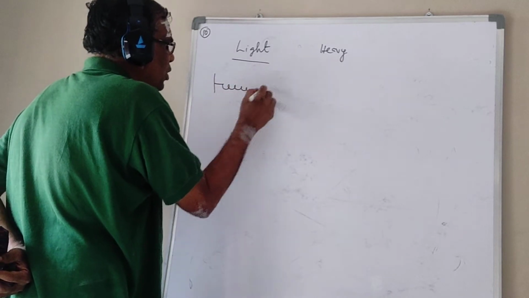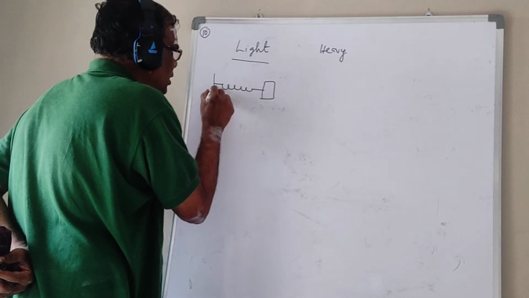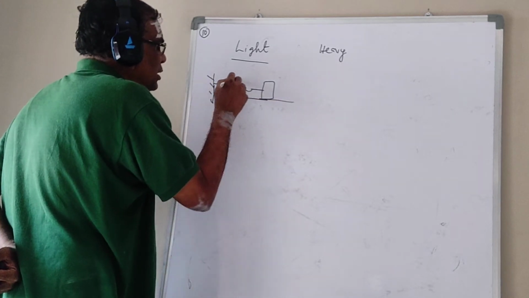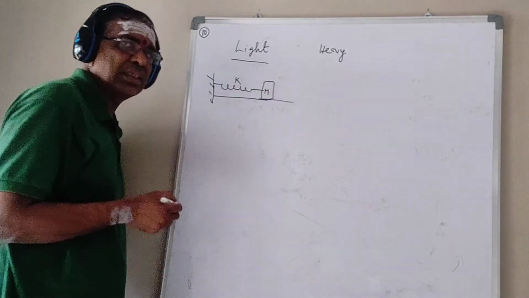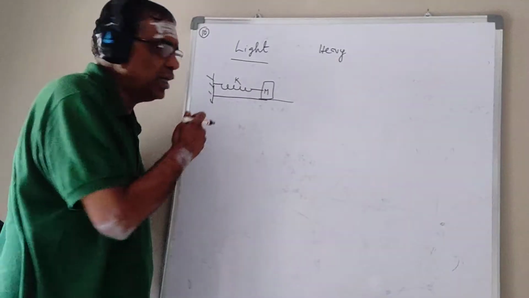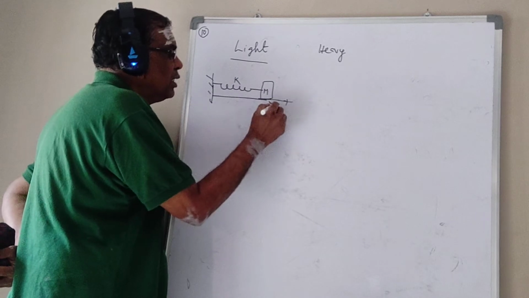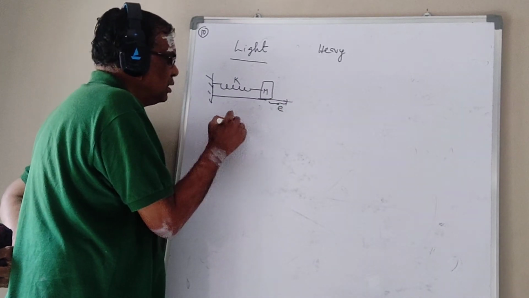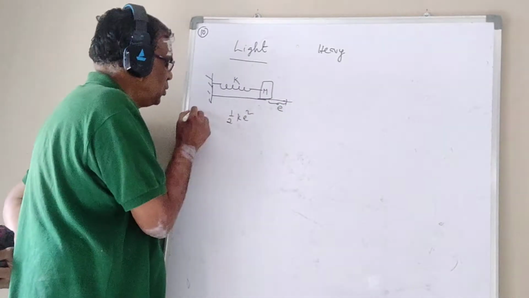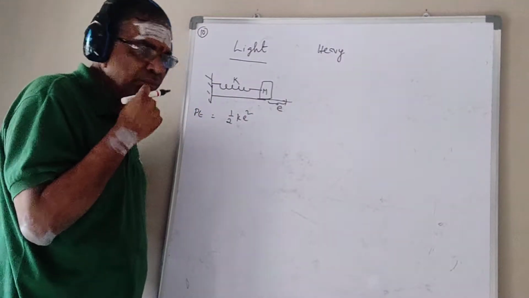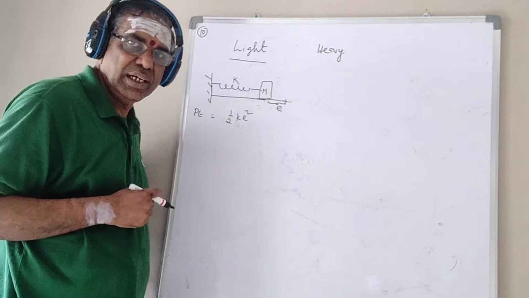As far as the light spring is concerned, I think we already discussed this is the mass of the body. Suppose if it is pulled by x, the potential energy stored is half kx squared. That's how we have seen that, okay?